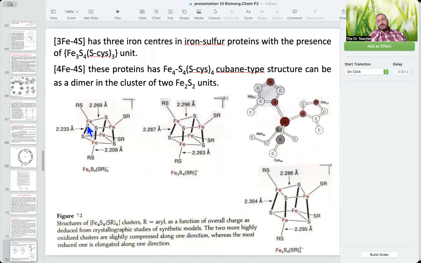These are structures of clusters and crystallographic studies of synthetic models. The two more highly oxidized clusters are slightly compressed along one direction, whereas the most reduced one is elongated along one direction. So again, we have these clusters, very important in biology.